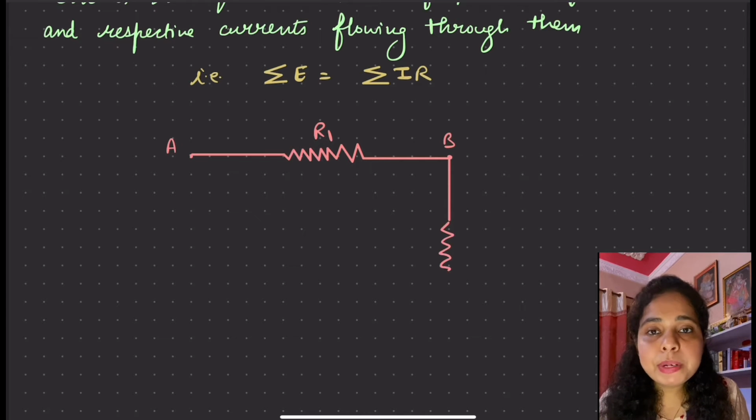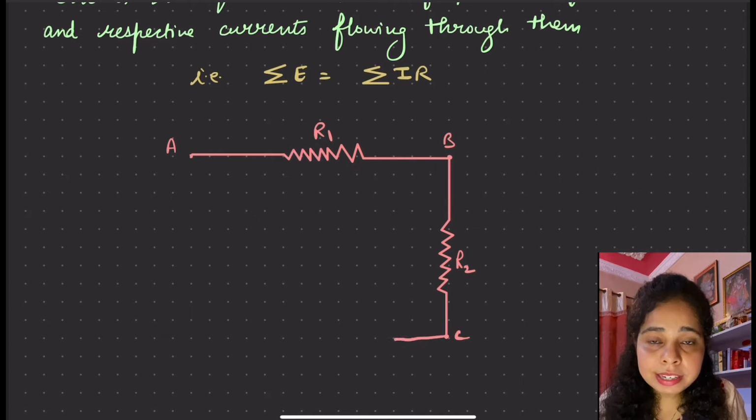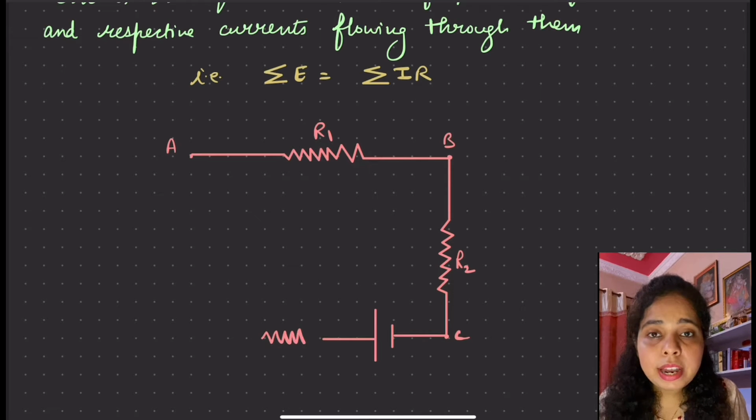Then we form another branch, C to D, in which we have a cell of EMF E1, such that its negative terminal is connected to the C end and its positive terminal is connected to the D end, but this positive terminal is first connected to the resistor R3, and the second end of the resistor R3 is connected to the D end.